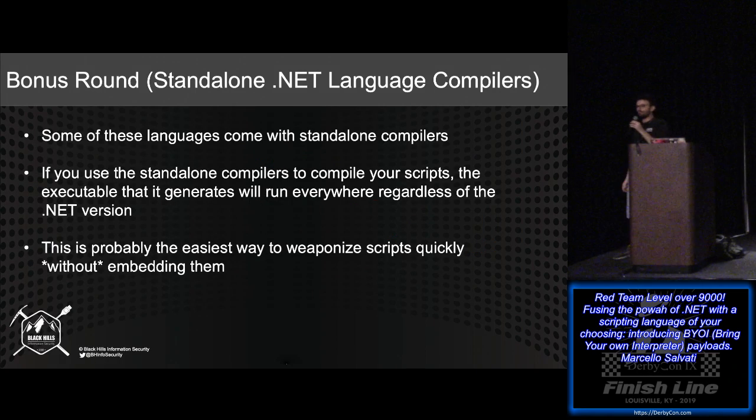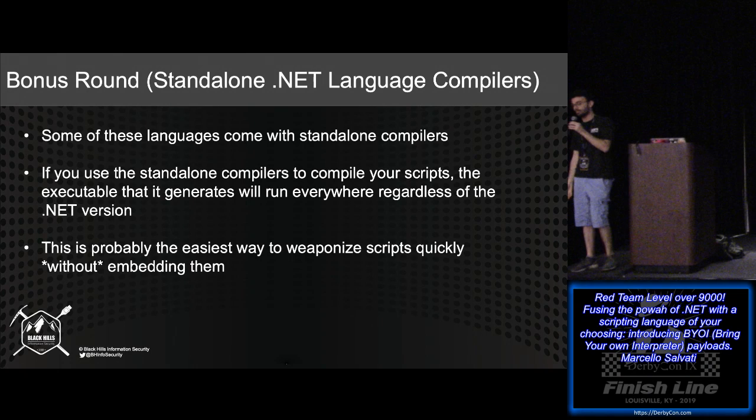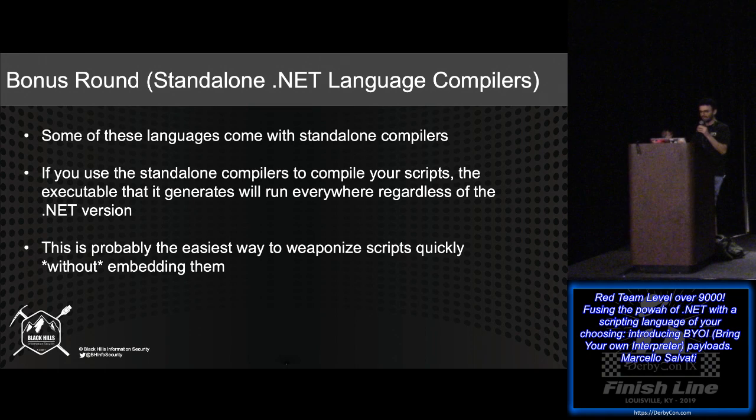Like I said before, because these languages come with their built-in compilers, because again, the .NET framework isn't a language. It's a set of tools and infrastructure that allows you to build your own language. And it also allows you to build your own compilers really, really easily, not from scratch, which is great. So you can basically take all of these code snippets that I have on that offensive DLR repo that I showed you, and you can compile them. If they're Boolang scripts, you can compile them with the Boolang compiler, and then you can just drop them on systems and it'll just work.